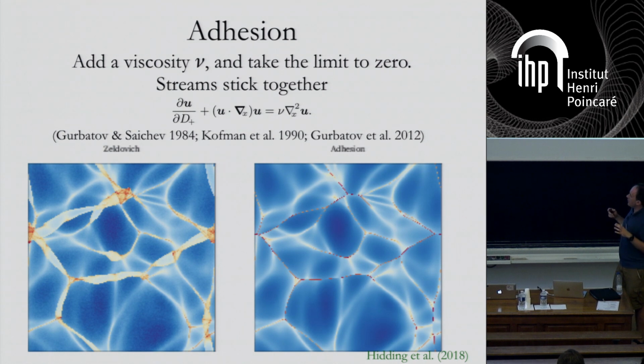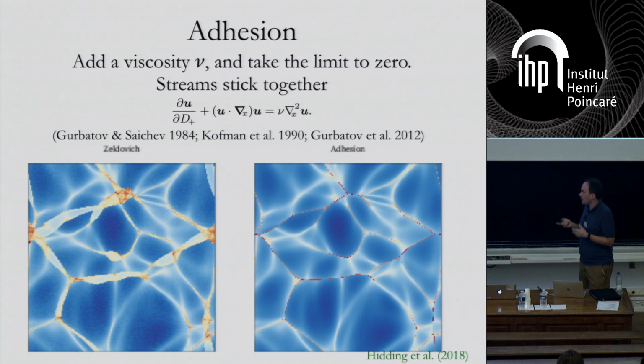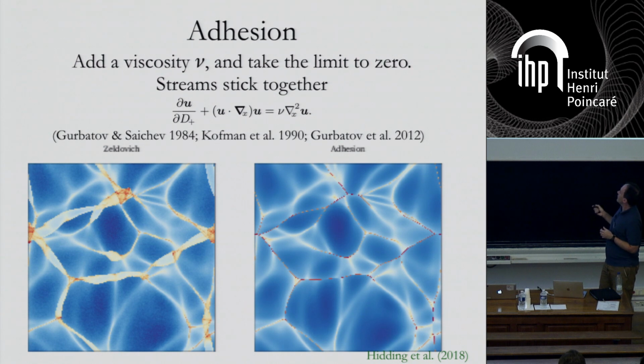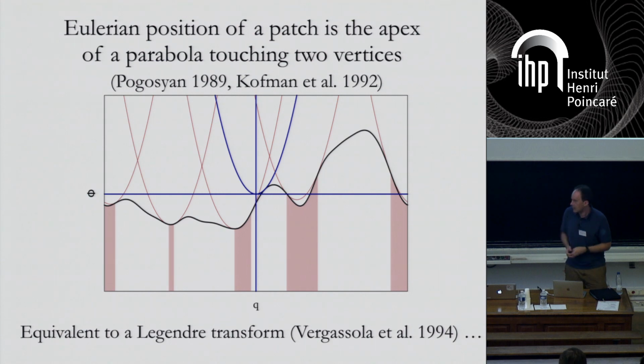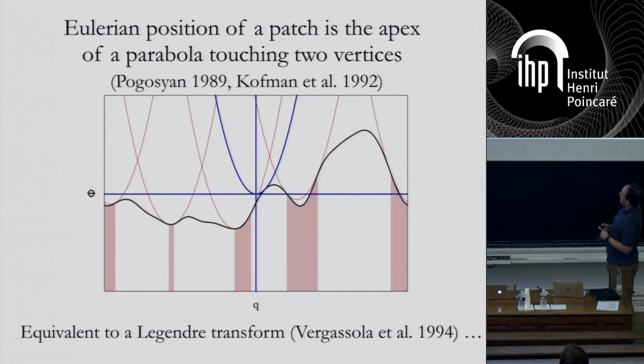We don't think the dark matter actually has viscosity, but you go through some formalism, and then take the viscosity to zero, and you end up unable to make these fat structures that fly past each other.